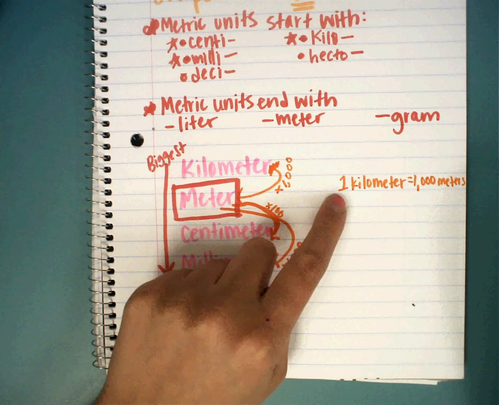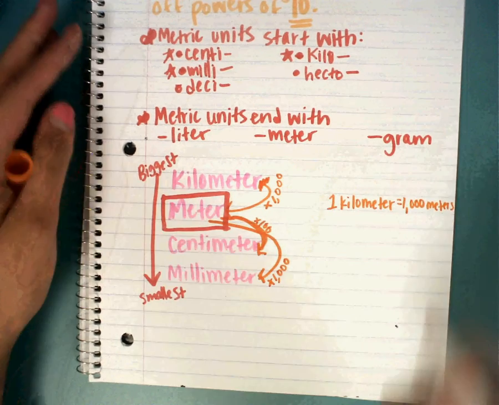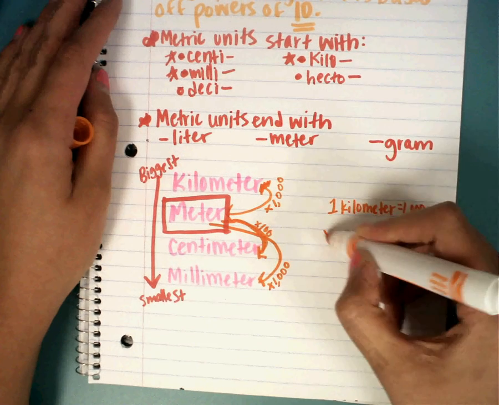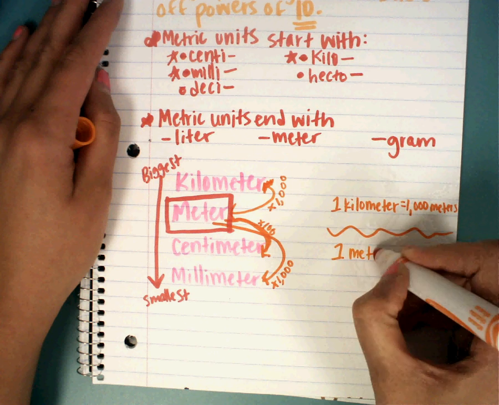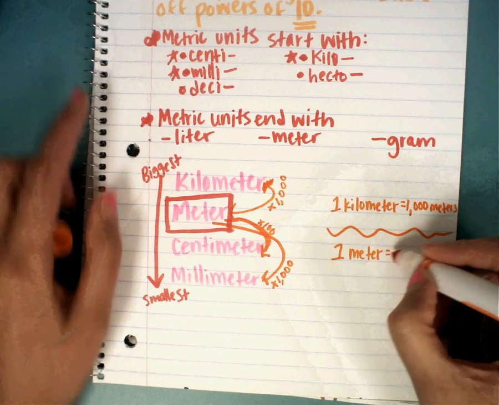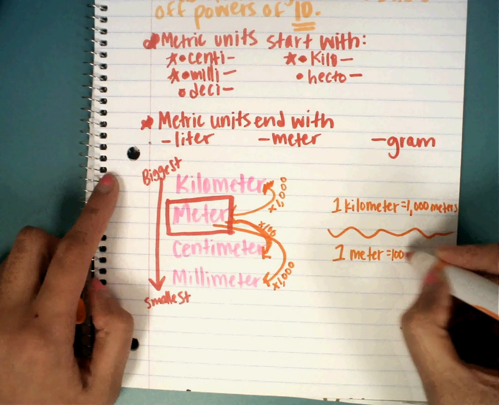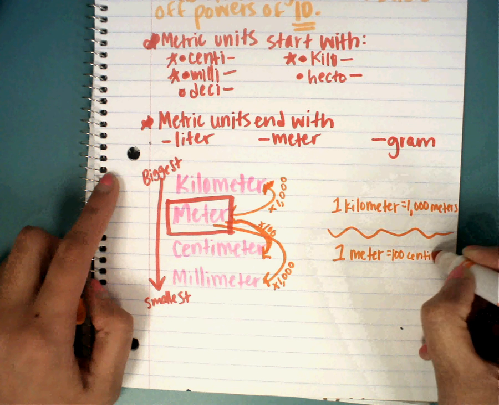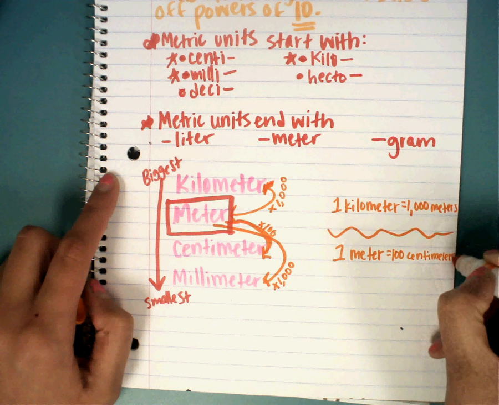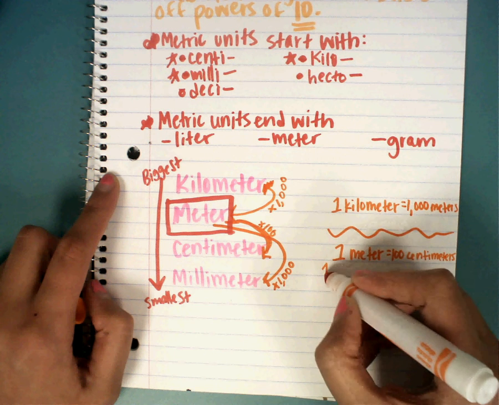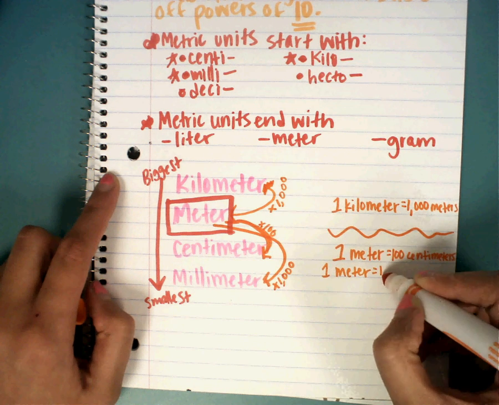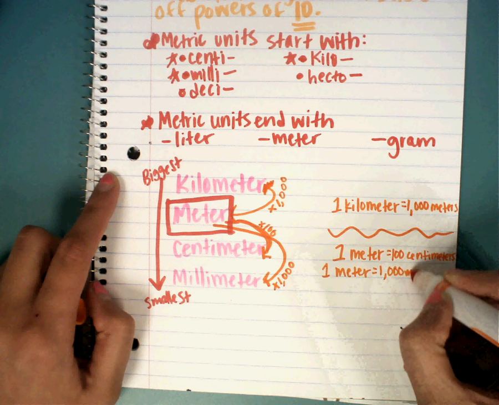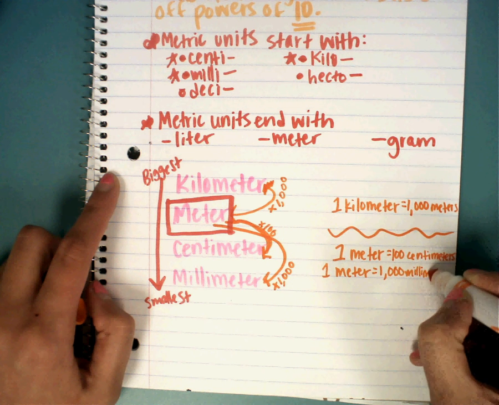Remember on our double T charts, 1 always goes with the big one. 1 meter equals either 100 centimeters or 1 meter equals 1,000 millimeters.